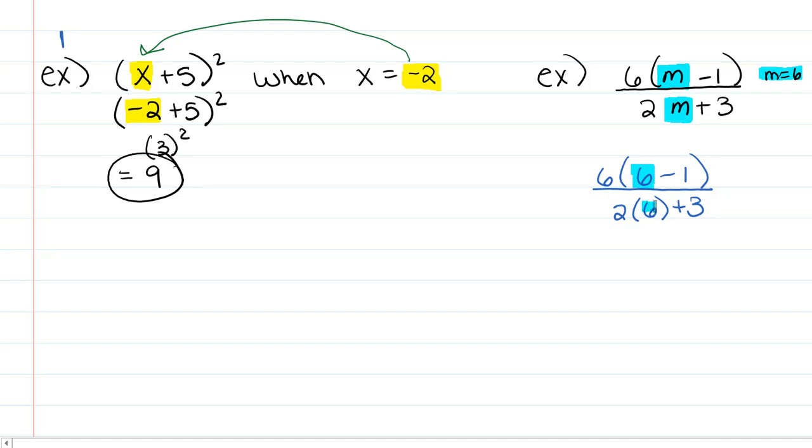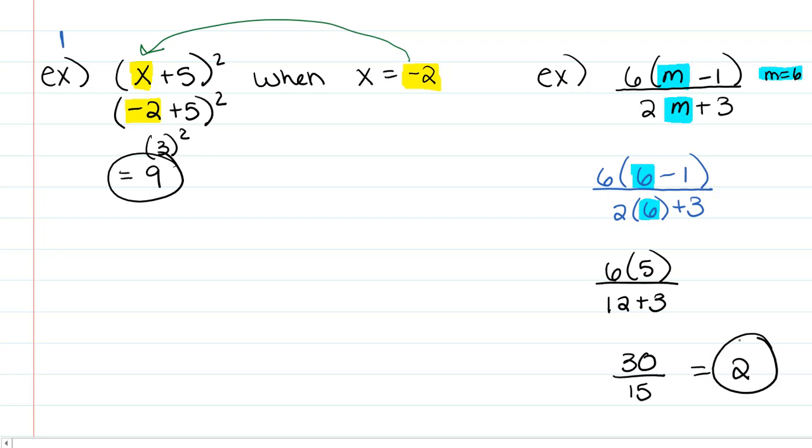These 2 6's are brand new and they're replacing the 2 m's that are above it. And if we continue with our order of operations, we can do 6 times 5 over 12 plus 3. 6 times 5 is 30. 12 plus 3 is 15, and 30 divided by 15 is 2. Good luck with your practice there.